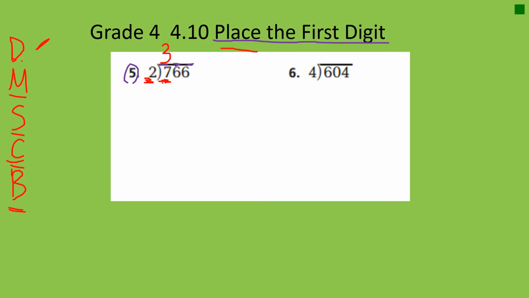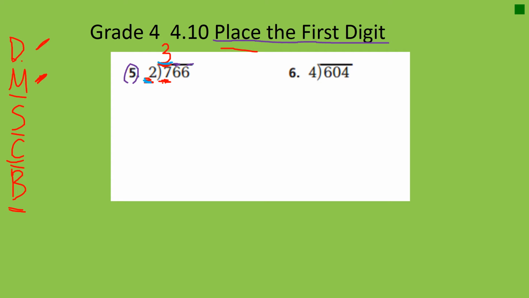So we did the divide. Now we're going to multiply. If 2 can go into 7 3 times, how many sets of 100 is that? Here's the multiply. 3 sets of 2, or 2 sets of 3.